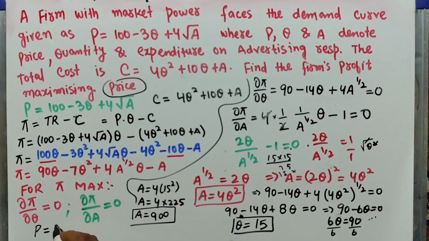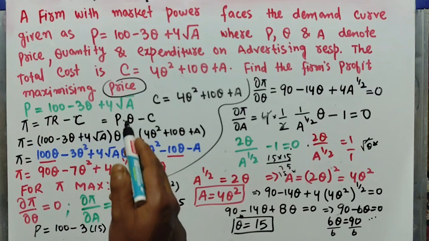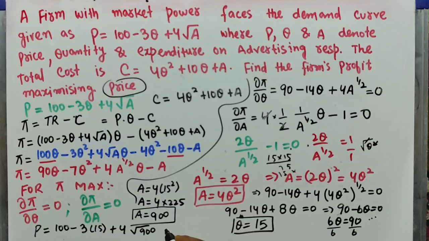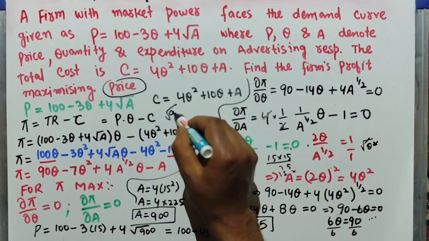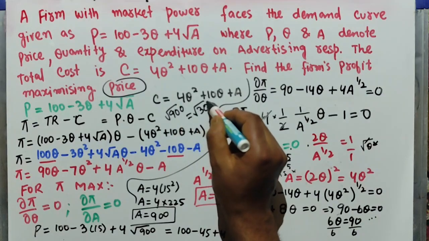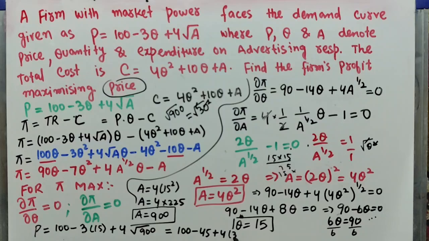So P will be equal to 100 minus 3 times the value of Q, which is 15, plus 4 square root of A. A came out to be 900, so it is 100 minus 3 times 15, which is 45, plus 4 times the square root of 900, which is 30, since the square and root cancel.